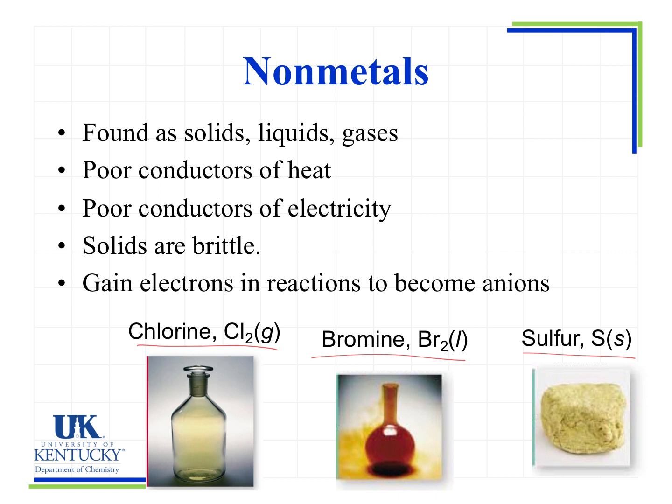That's the standard state. Unlike the metals, they are poor conductors of heat and electricity. The solid ones are brittle, you cannot shape them. And again, they gain electrons and form anions. So non-metals gain electrons to form anions. Metals lose electrons to form cations.